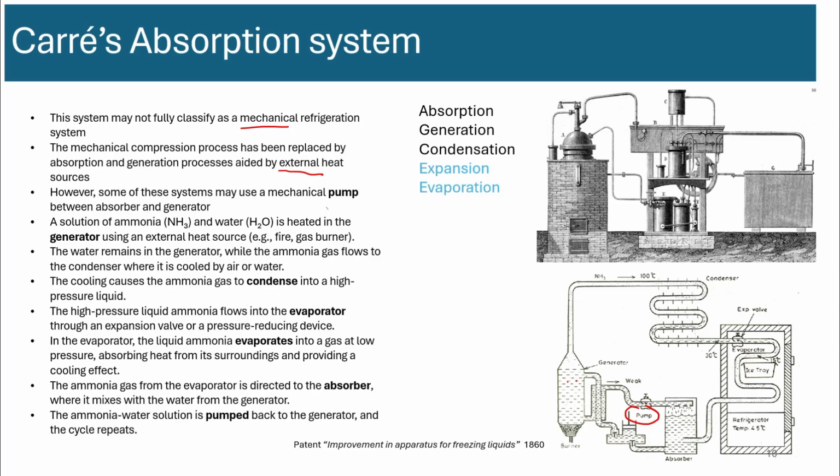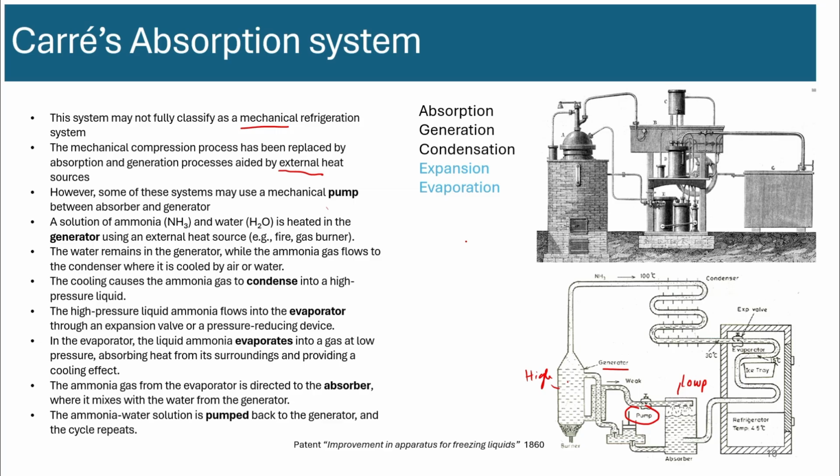This is the generator from the absorber. So the absorber is at the low pressure and the generator is at a higher pressure. So the pump is used in some systems to increase the pressure from the absorber to the generator. But a lot of the refrigerators that use the absorption method today, especially the ones that are used in RV vehicles, they don't use this pump.